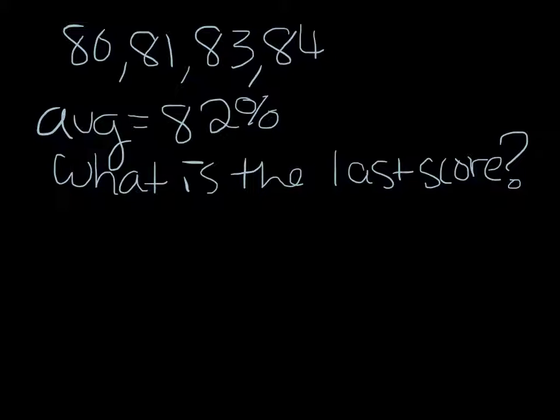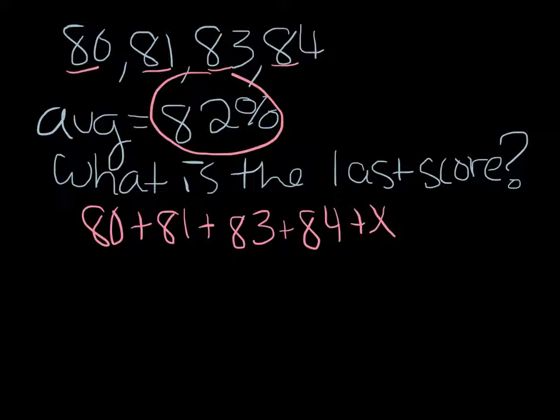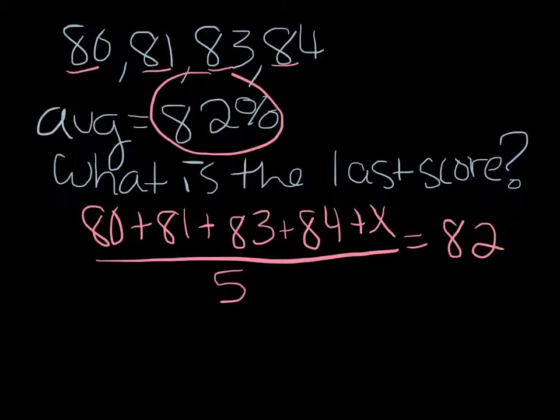All right. If we have 4 test scores of 80, 81, 83, and 84, and we want an average of 82 in the class, what do we need to score on the 5th test in order to get that 82%? Well, here's how we figure this out. We take 80 plus 81 plus 83 plus 84 plus our missing test score of x, all divided by 5 test scores, equals our average of 82.